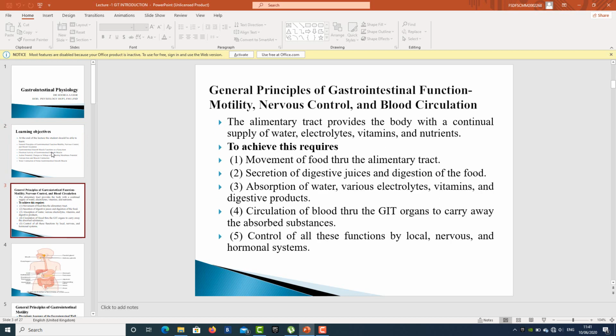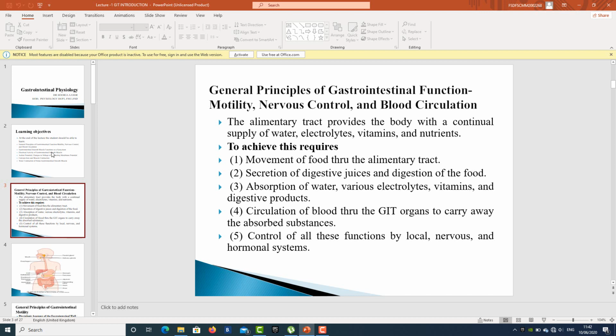Now, what are the general principles of gastrointestinal function, motility, nervous control, and blood circulation? The alimentary tract provides the body with a continual water supply, electrolytes, vitamins, and nutrients.